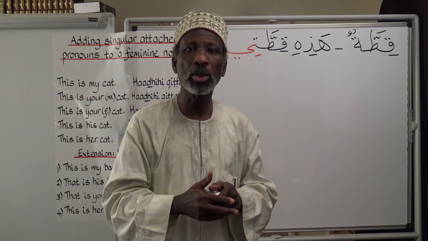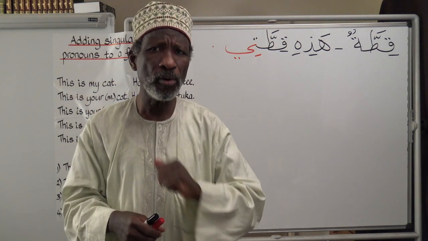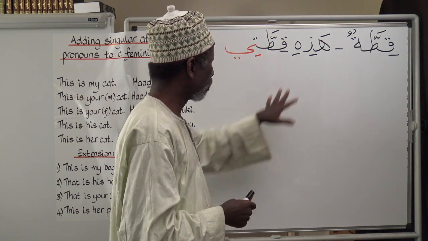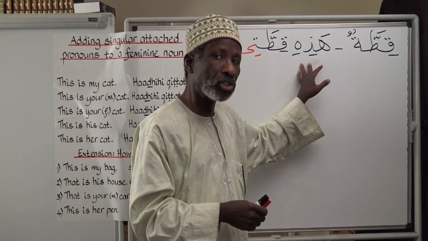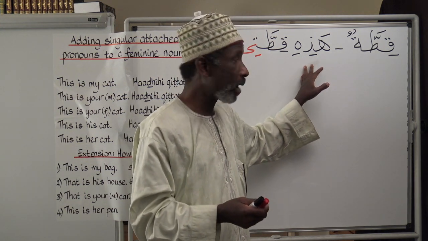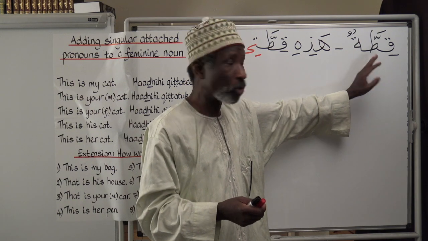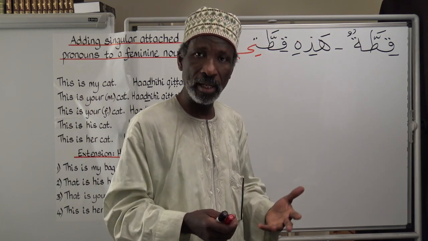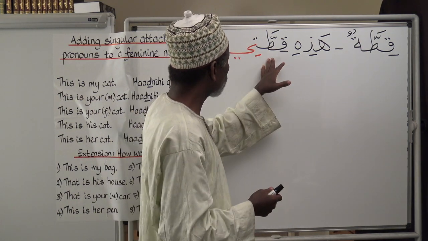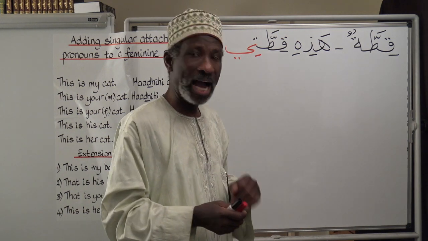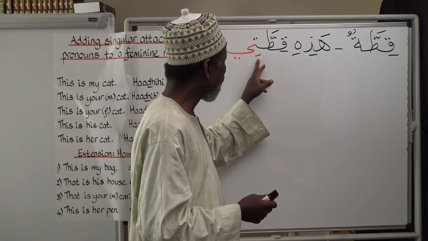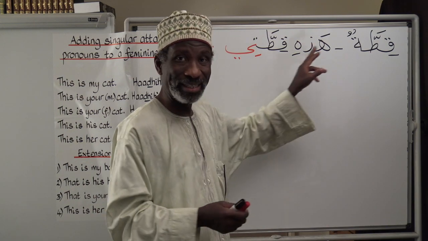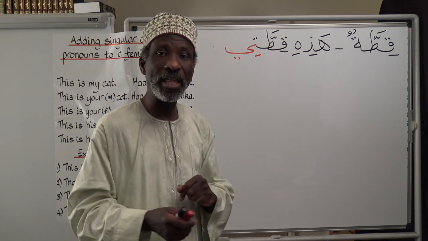Hadhihi qittati. A couple of things here. First of all, hadhihi, that's your demonstrative pronoun using the feminine because the noun is feminine. We say hadhihi qittati, my cat. We put kasra underneath the last letter, which is ta, and we extend it with a ya.